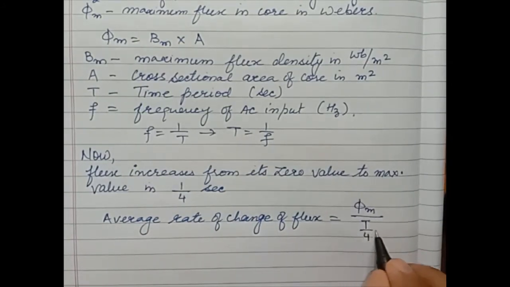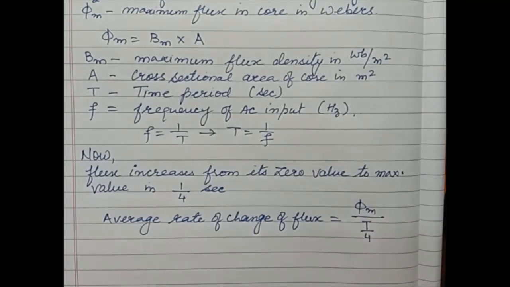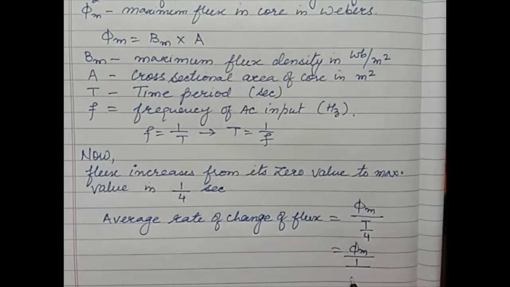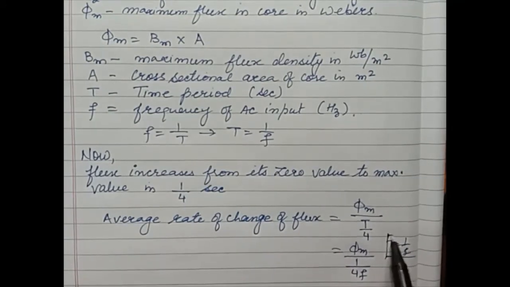In this much time, how much flux is attained? It's attaining the maximum value. So we can write phi m divided by T by 4, which could be written as phi m divided by 1 upon 4f, as T is equal to 1 by f.